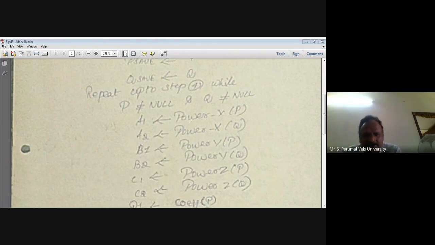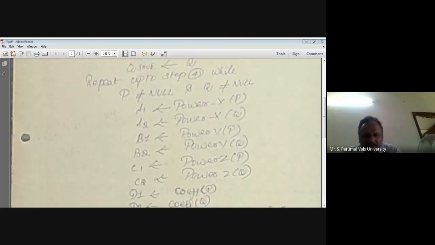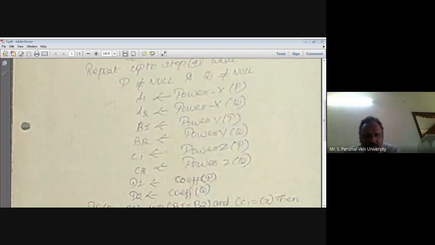A2 is the x value of the second term, the Q term. B1 is the power of y of the first term. B2 is the power of y of the second term. Likewise, C1 is the power of z of the first term. C2 is the power of z of the second term.